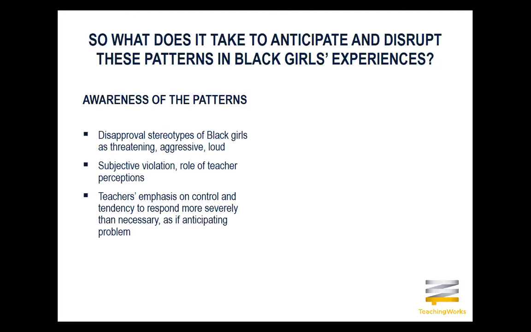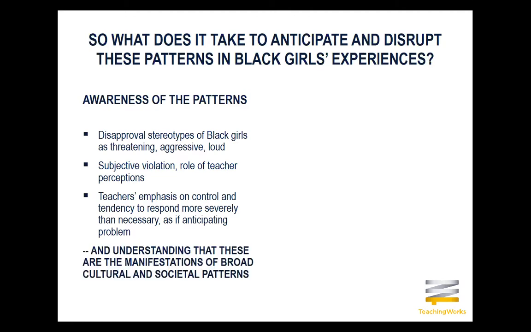So this is that bias that's brought into the classroom from that role of teacher. And this is all based on the teacher's tendency to want more control in the classroom rather than relinquishing control more to students. So it's an understanding that if these are manifestations of broad cultural and societal patterns, we're seeing them reproduced in the classroom.